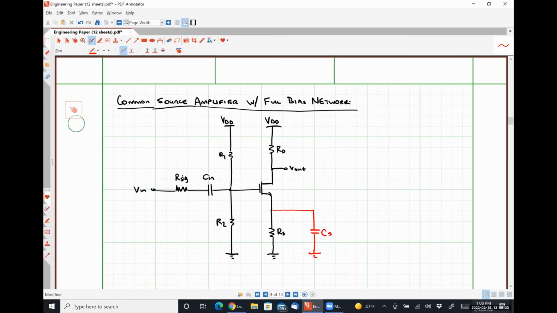So if we include this source capacitance, at AC frequencies it shorts out this resistance RS, making this circuit look like a common source core to the right here. Let me put a dashed line here in the middle so that's obvious.